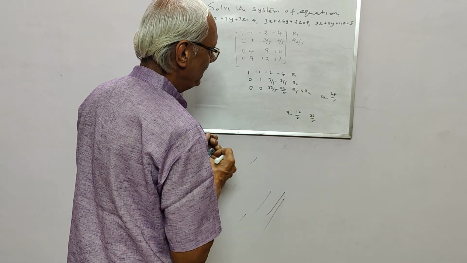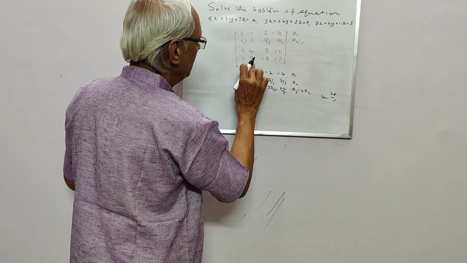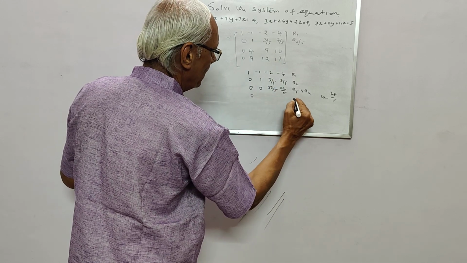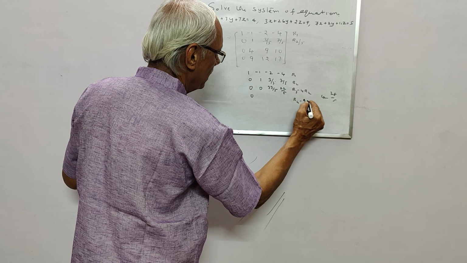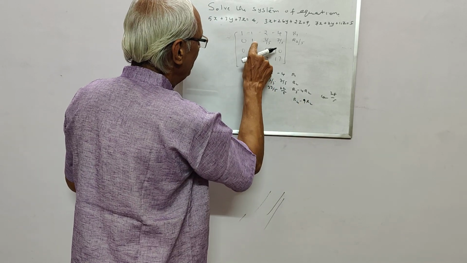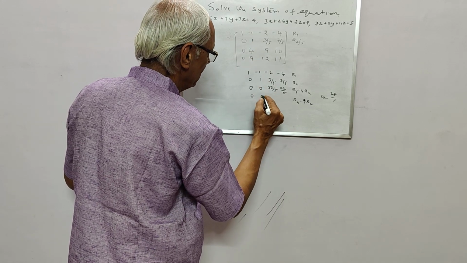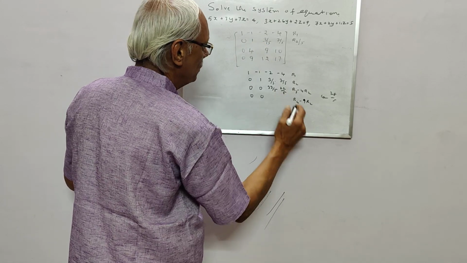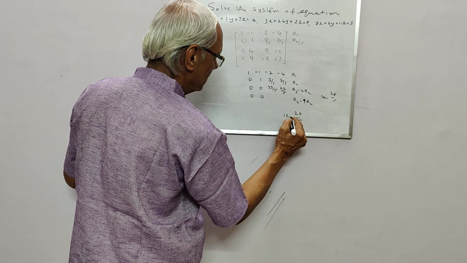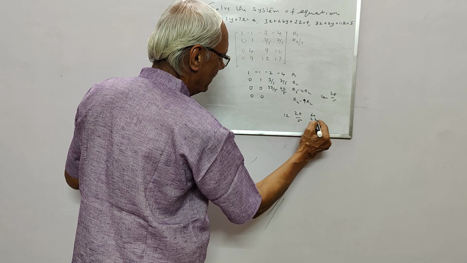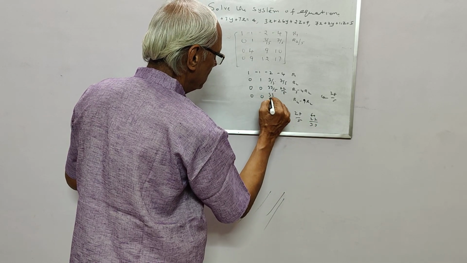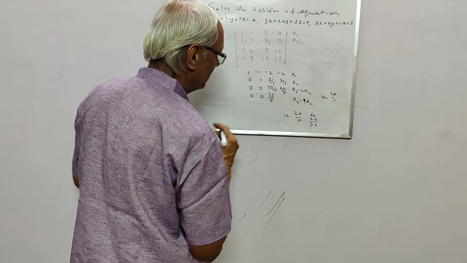Then what is the next one that you will do now? So you can get rid of this, multiply this, see, R4 minus 9 R2. So 9 into 1 is 9, 9 minus 9 is 0. Then 9 into 3 is 27 by 5. Take away from this. This is 60. 60 minus 27 is 33. 33 by 5.